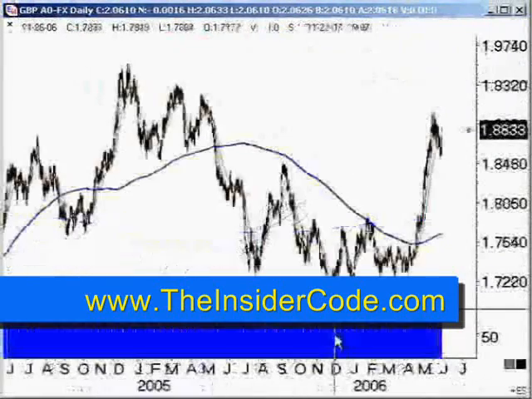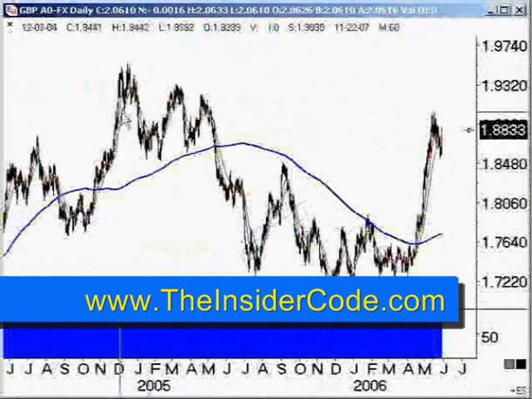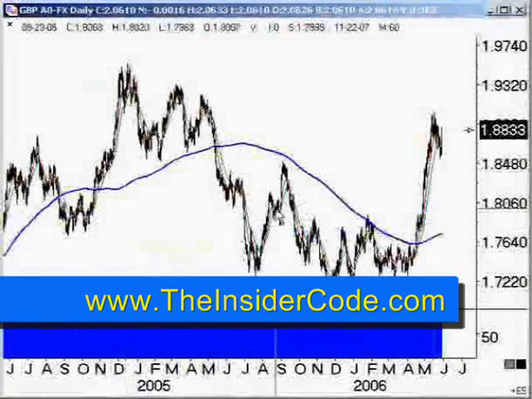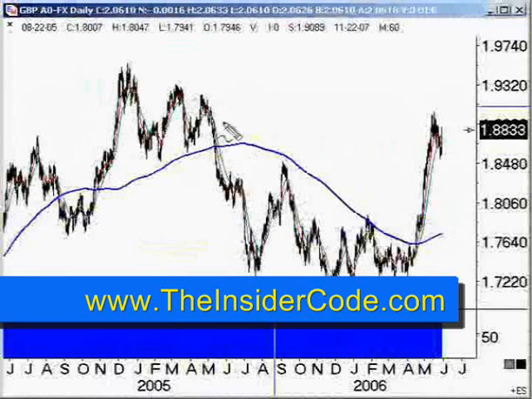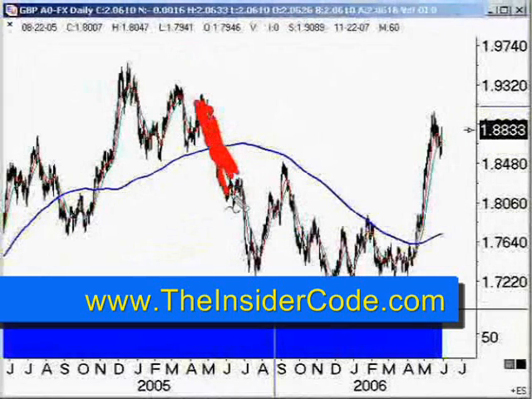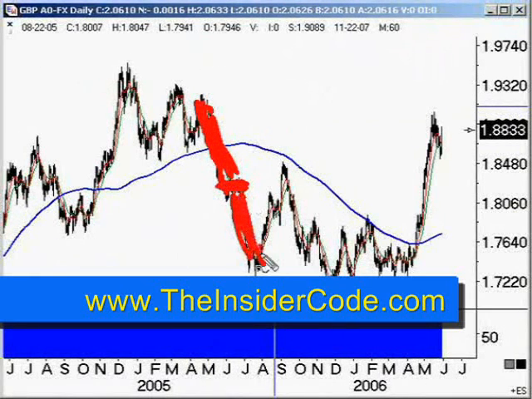Let me just zoom out here. As you look at trends, and as you watch price move, what you'll find is that, especially when there are really big trends, you'll get price moving quite a bit, a sideways chunk, and then you'll get another move.